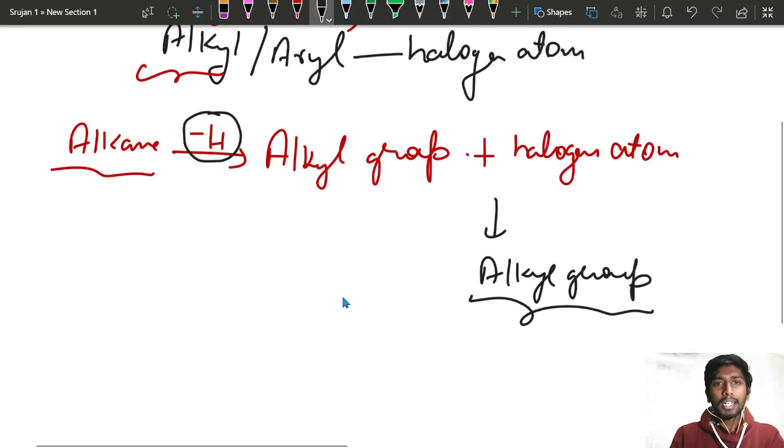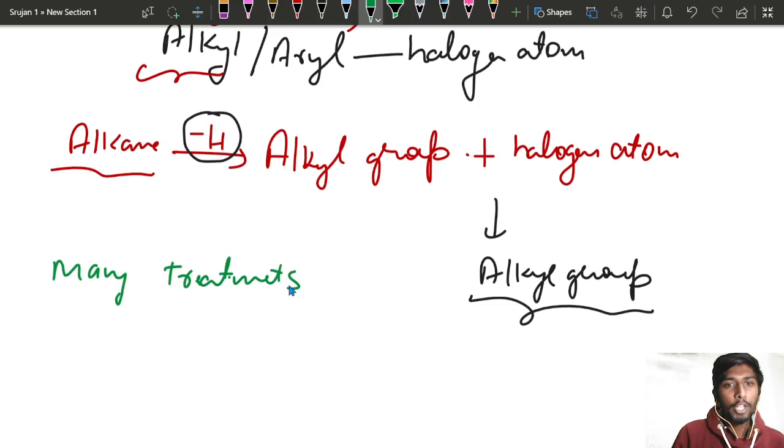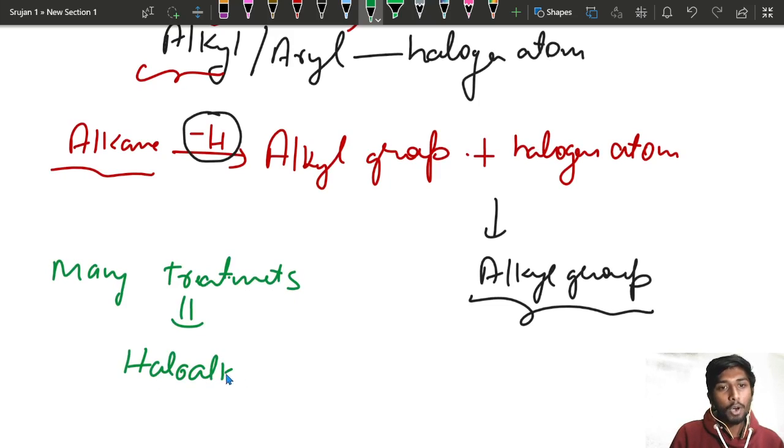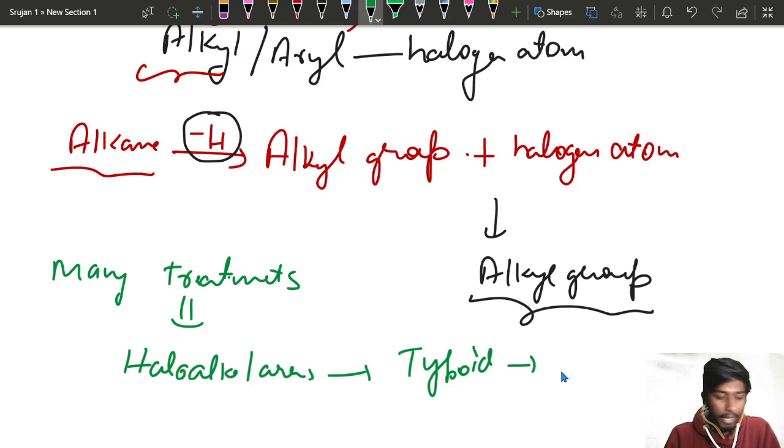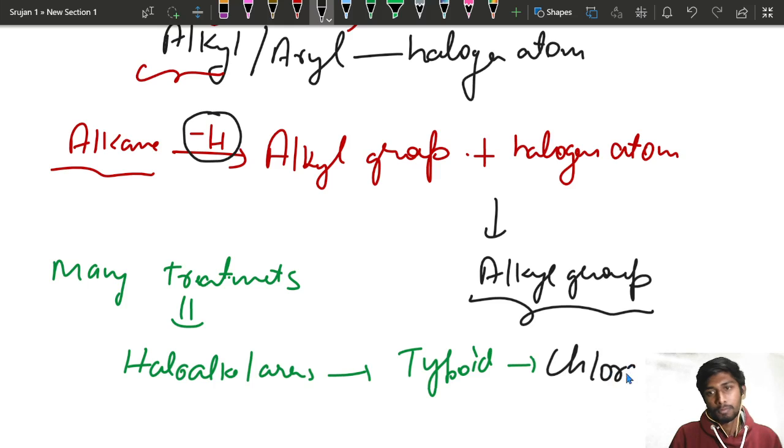So why do we need to study this? What is the reason? Generally, for many treatments we use haloalkanes or haloarenes as a basic material. For example, for the treatment of typhoid, the antibiotic is called chloramphenicol.